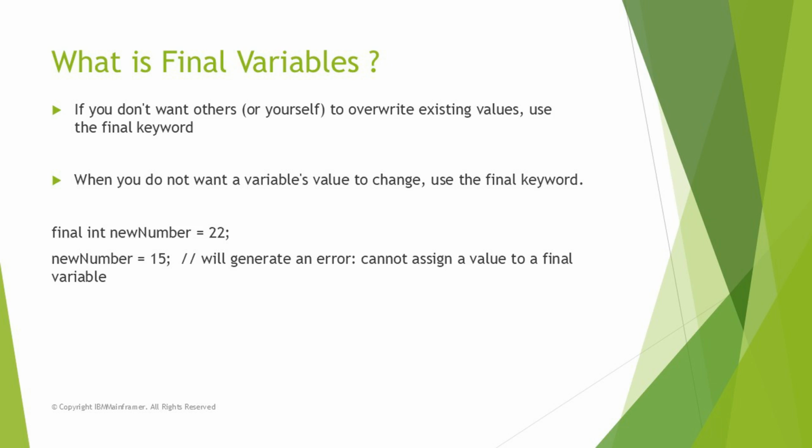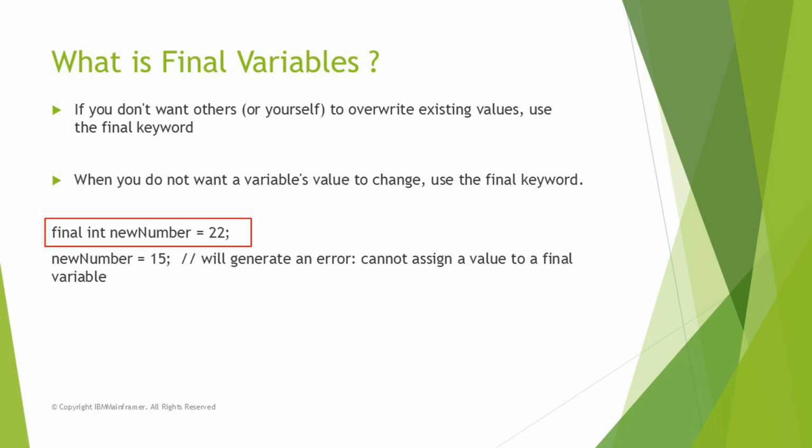So: final int newNum. This is the syntax. Basically, we add the final keyword at the beginning of the variable declaration syntax. So this is the type int, this is the variable name newNumber, and it is equal to 22. That's what we usually do: declare a variable and assign a value to it.